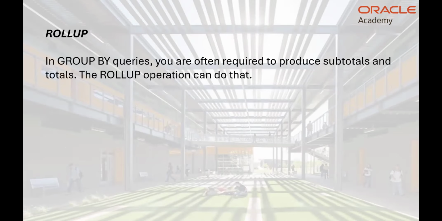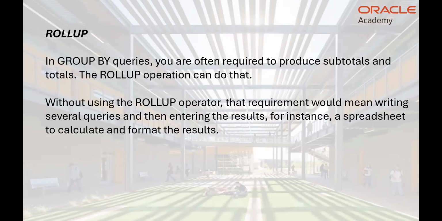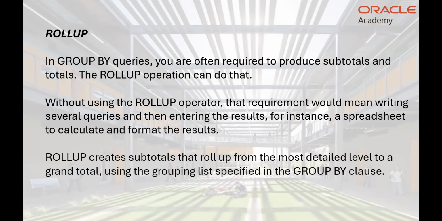So roll up. In group by queries, you're often required to produce subtotals. This is the key here. And totals. The roll up operation can do that. Without using the roll up operation, the requirement would mean writing several queries and entering the results, basically creating a spreadsheet. So this is Oracle's way of saying, well, we can do that for you. Watch what we can do with Oracle SQL.